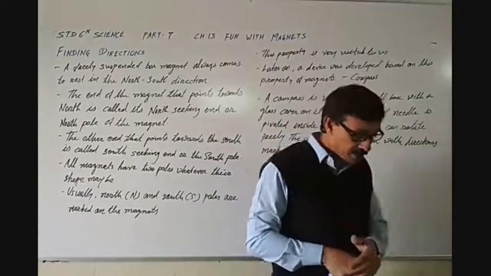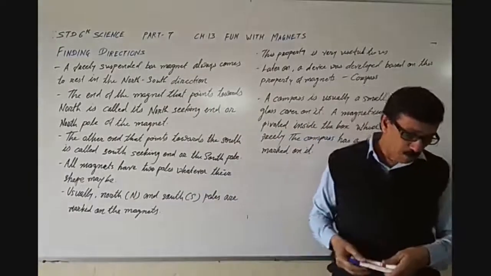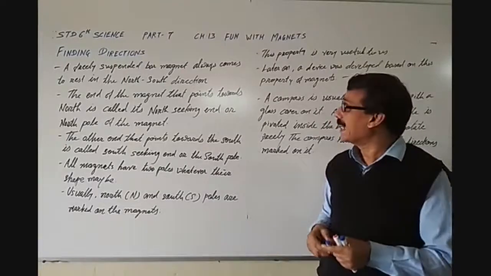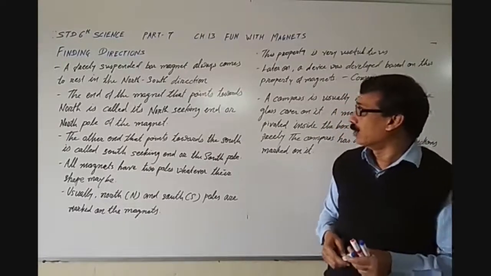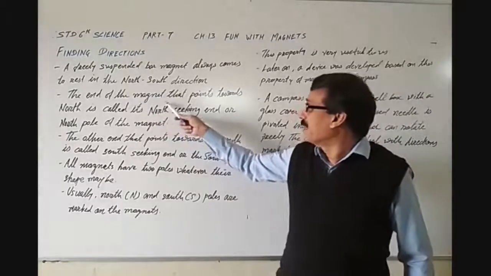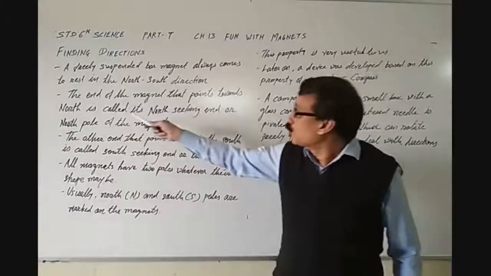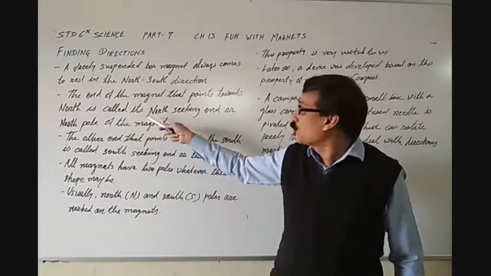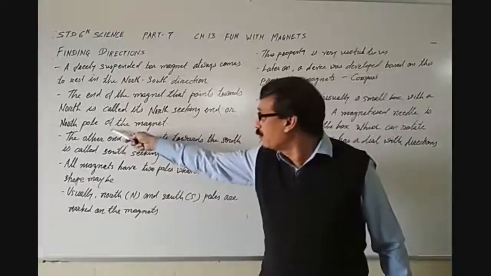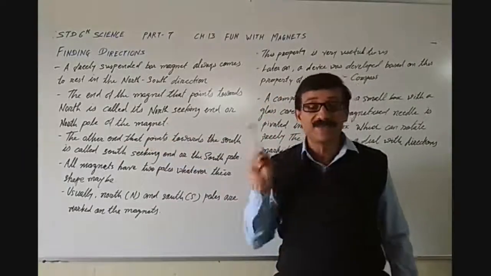Let's go further. The end of the magnet that points towards north is called its north-seeking end or north pole of the magnet. Underline this.